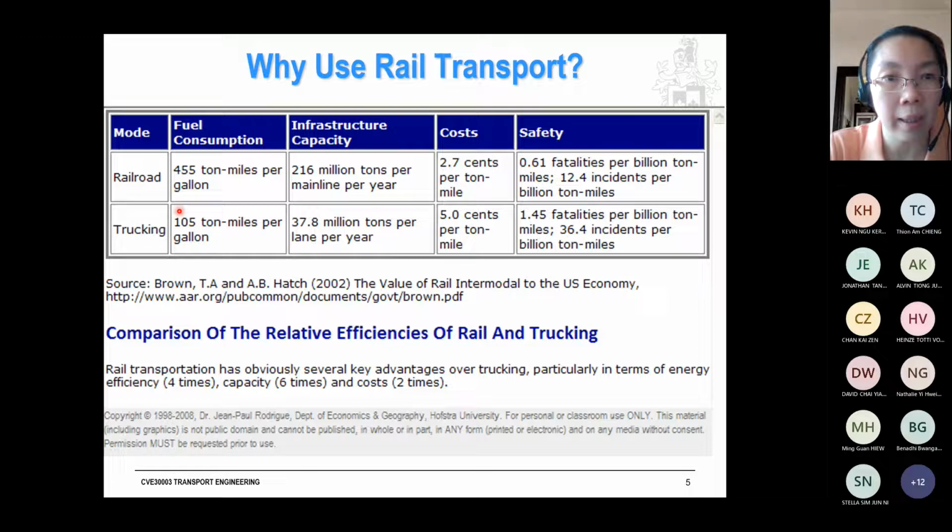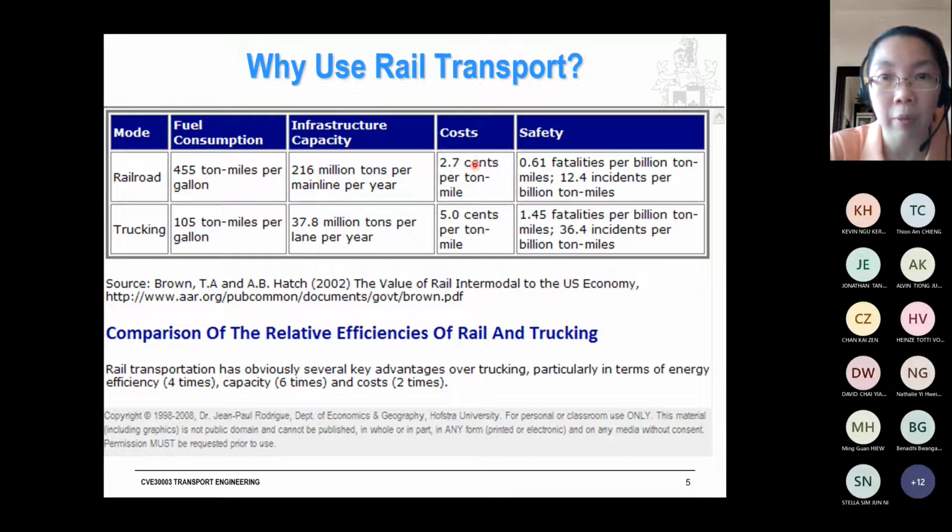Looking at fuel consumption, railroad is more efficient in ton miles per gallon compared to truck, about 4.5 times more. In terms of infrastructure, it requires a higher budget to build, not to maintain, to build.